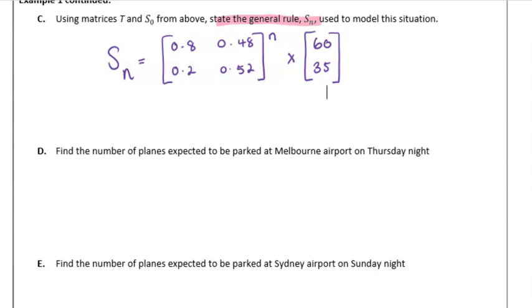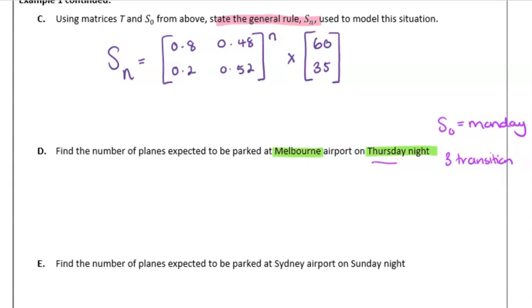So firstly, what we want to identify is find the number of planes expected to be parked at Melbourne on Thursday night. So firstly, think if S0 is Monday, to get to Thursday, we have had to go through 3 transitions. Okay? So Monday to Tuesday is 1, to Wednesday is 2, to Thursday is 3 transitions.